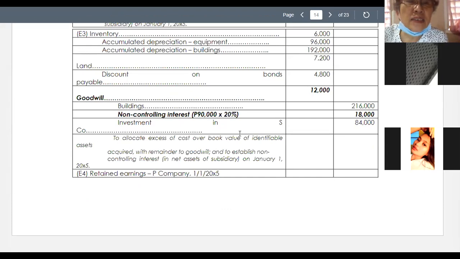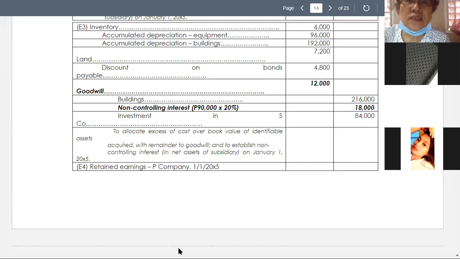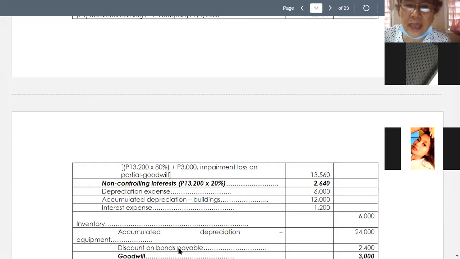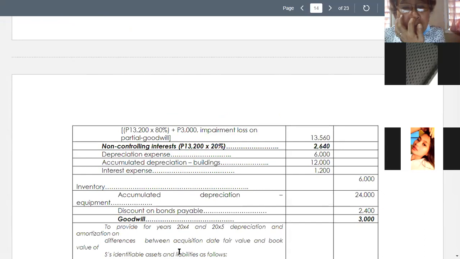That's the year subsequent to acquisition. So in the partial goodwill model, again, we have the same elimination entries for debits and credits. The only difference here are the amounts of adjustments in the figures shown in your elimination entries. So we now get the non-controlling interest here with the corresponding adjustments.